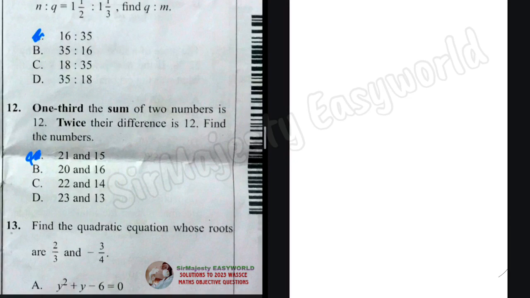The next question is question number 13. Find the quadratic equation whose roots are 2/3 and 3/4. Remember the formula for a quadratic equation is x squared minus (the sum of the two roots) x plus (the two roots multiplied by each other), without any coefficients. So let's put it here.